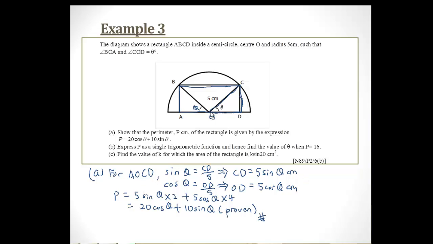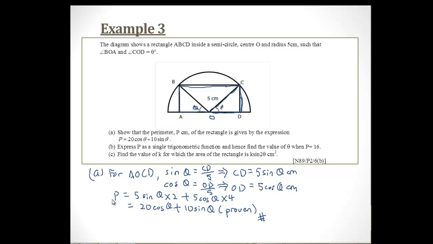Similarly, cosine theta will be equal to OD divided by 5. Multiplying by 5 on both sides, we obtain OD as 5 cos theta cm.